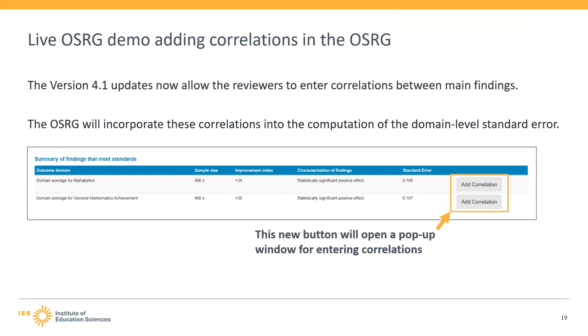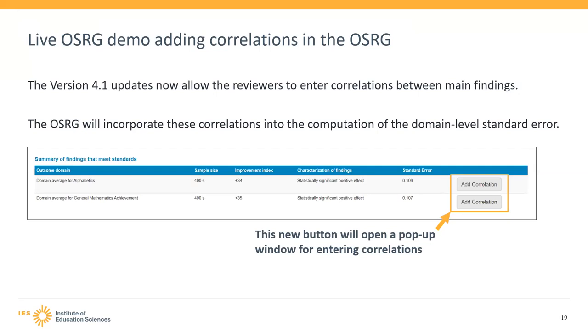The major version 4.1 update is that reviewers can now enter correlations between main findings. The OSRG will incorporate these correlations into its computation of the domain-level standard error using statistical formulas new to version 4.1 of the WWC Procedures Handbook. Josh will now show this interface for entering correlations.